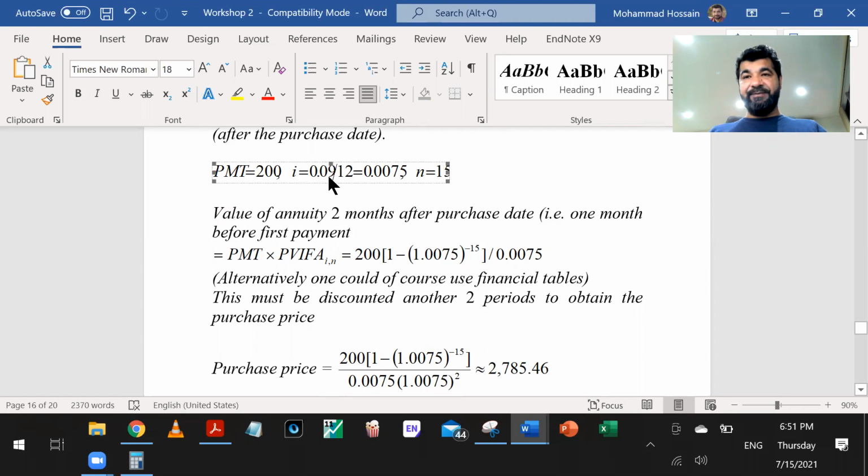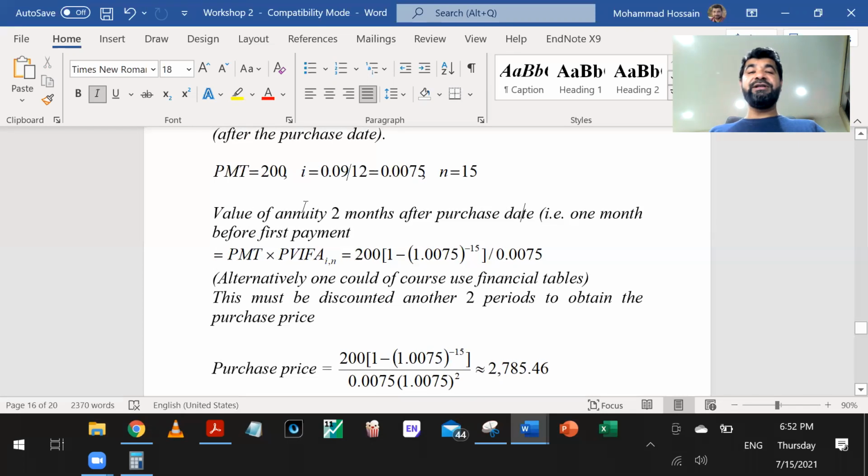Since they're making payments monthly, divided by 12, the interest rate is 0.0075, which means 0.75%. n is 15 months, 15 equal installments.